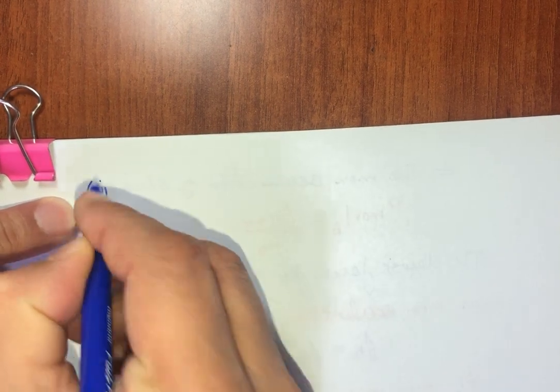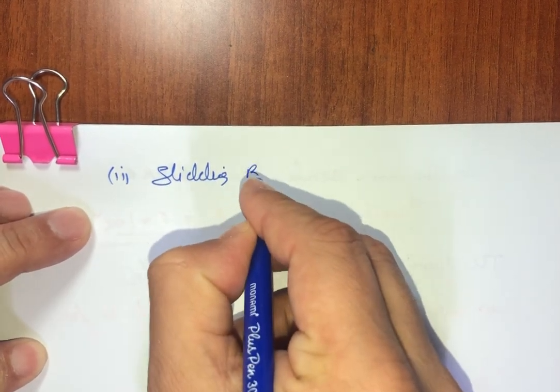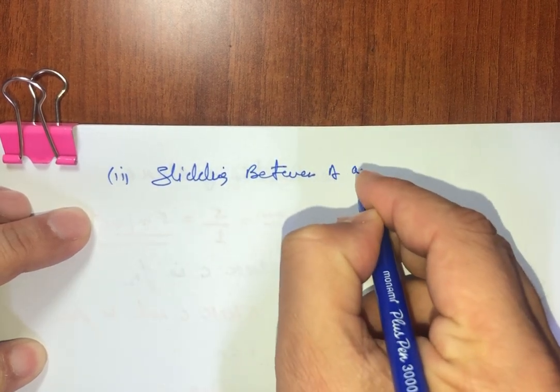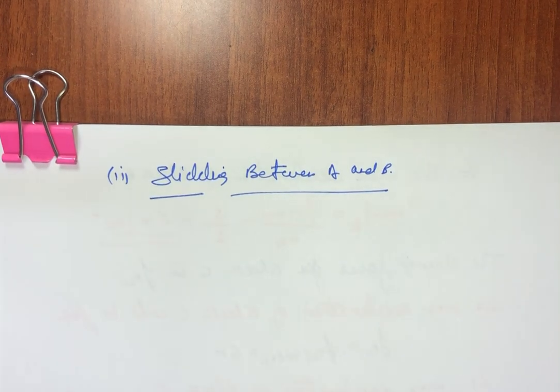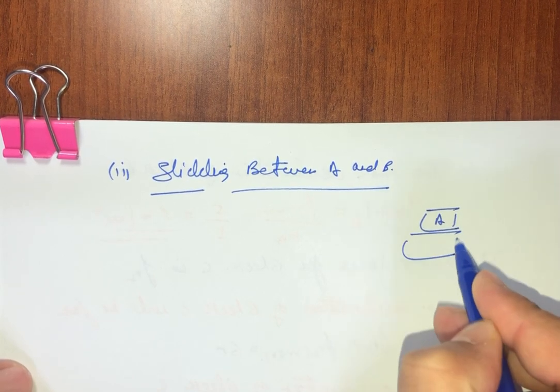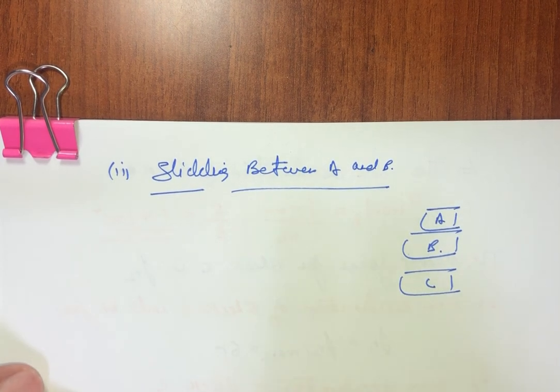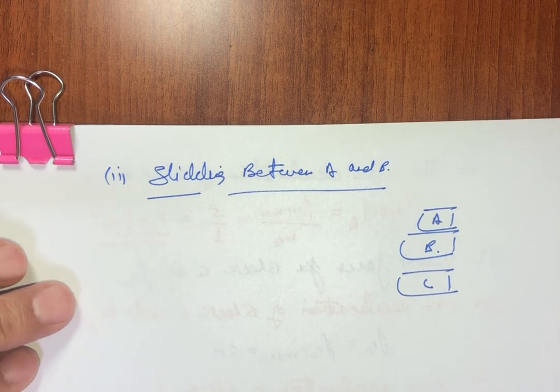In the second part, we are going to find the sliding between, sorry, not B and C, but A and B. So we already know that we have this over A, this is over B, and this is over C. And we know that the maximum acceleration of A, we already found out, is 5.